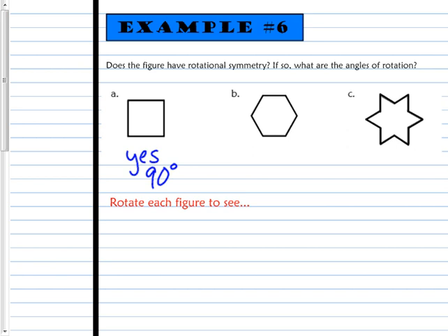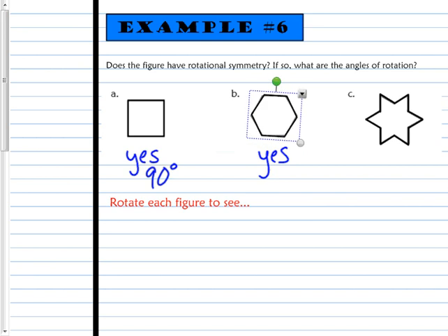Letter B, does it have rotational symmetry? Let's try it. I'm going to turn it around. There it is, and so on. So yes, it does as well. What is the angle of rotation for this? Again, watch the green circle if you want. I didn't have to turn it a full 90. Actually, when I turn it a full 90, it doesn't line up anyway.